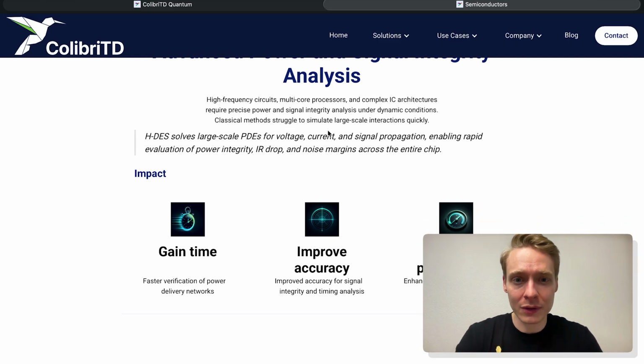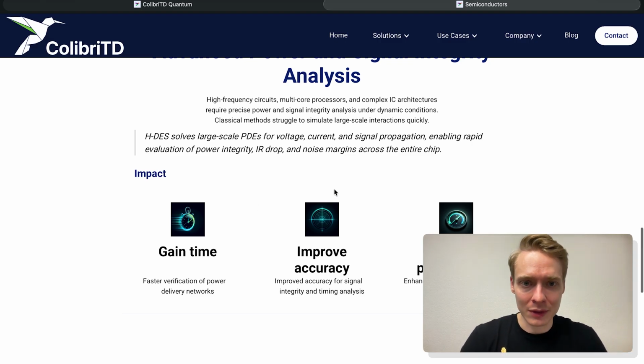Okay, and then the advanced power and signal integrity analysis. High frequency circuits, multi-core processors, and complex IC architectures require precise power and signal integrity analysis under dynamic conditions. Classical methods struggle to simulate large-scale interactions quickly, and the idea is that here you can simulate that.